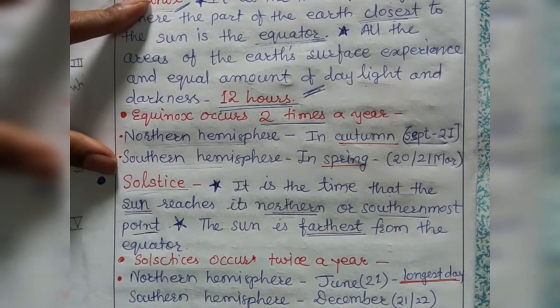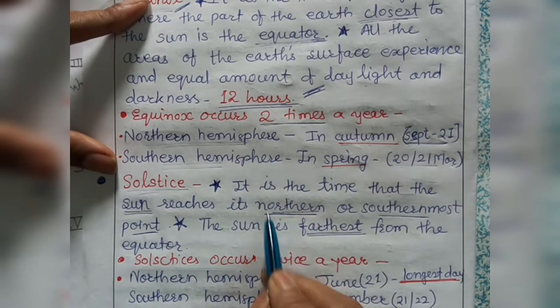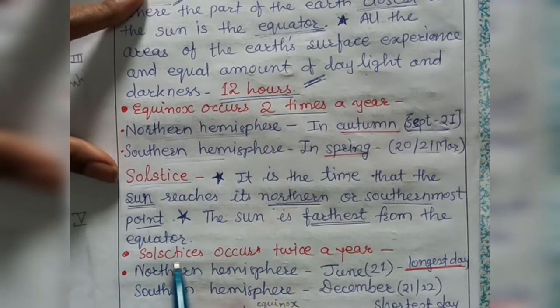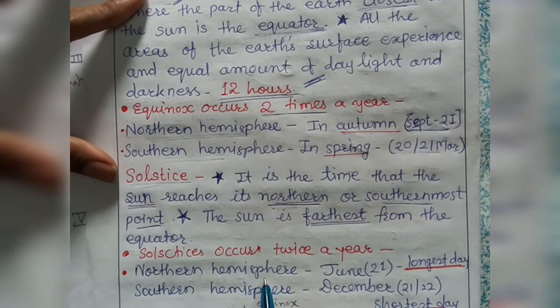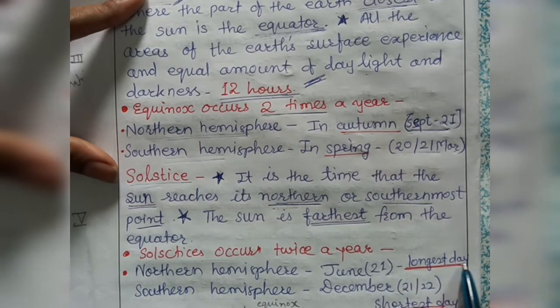I will explain it in the diagram also. First you understand this definition. Okay, so solstices occur twice in a year like equinoxes. In the northern hemisphere, solstice occurs on June 21st, and June 21st is the longest day of the year.